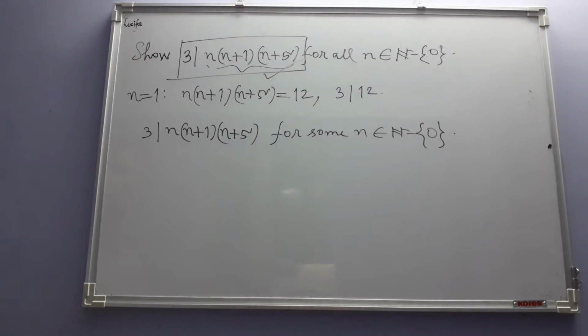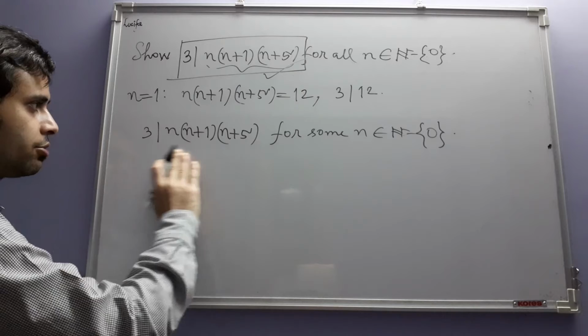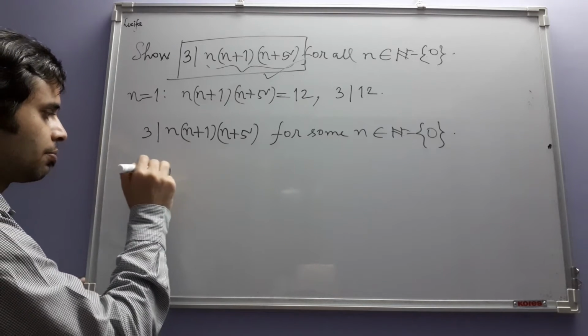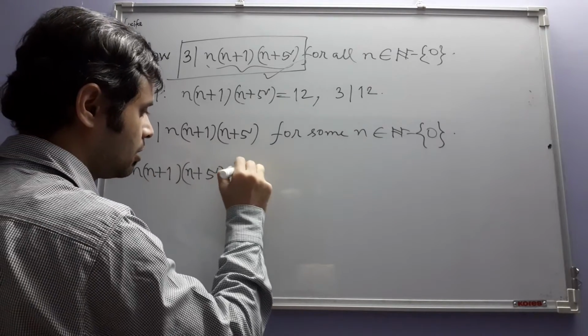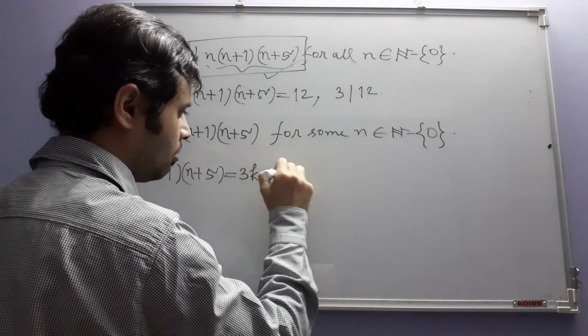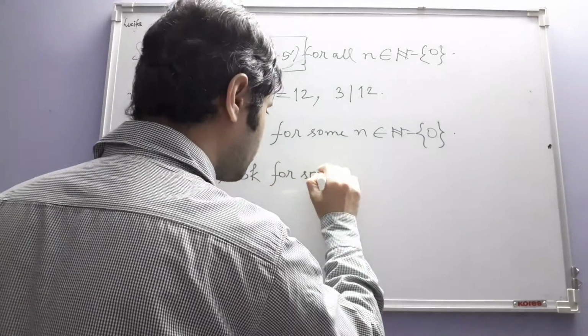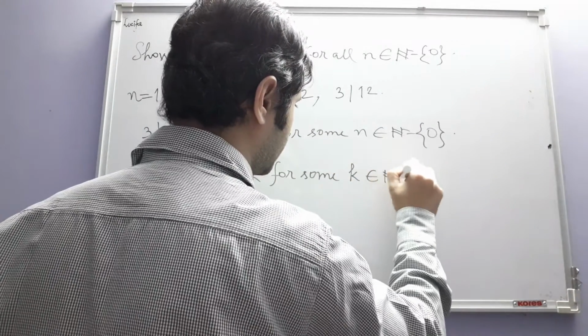Now we can express this by writing n times n plus 1 times n plus 5 is equal to 3k for some positive integer k.